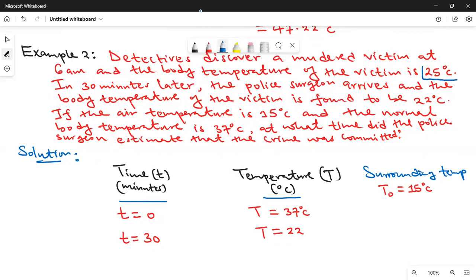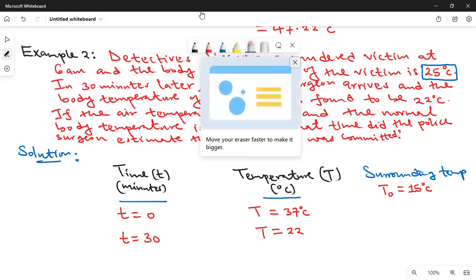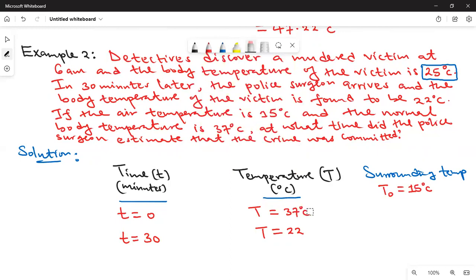Look at 25. At 6 a.m., the temperature was 25. So we can say that is the T naught. Let me not, because we don't know the time when the temperature was 37. So I'm going to rub this and write here 25, because that's when we start measuring temperature.